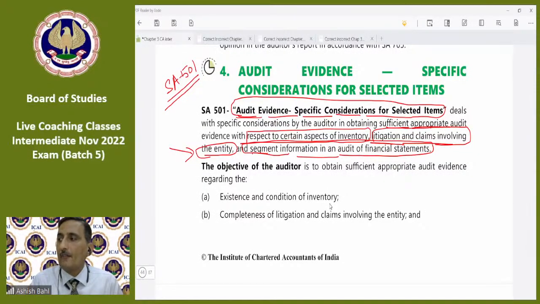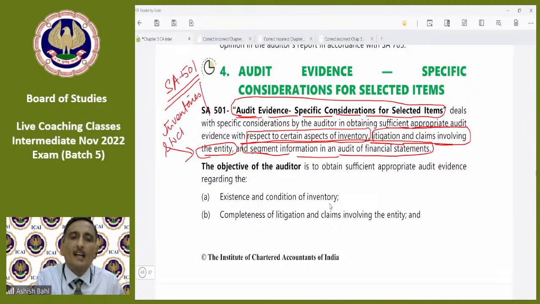So today, first of all, we shall be discussing certain aspects of inventories, of stocks. What kind of audit procedures should be designed by the auditor in relation to inventories?